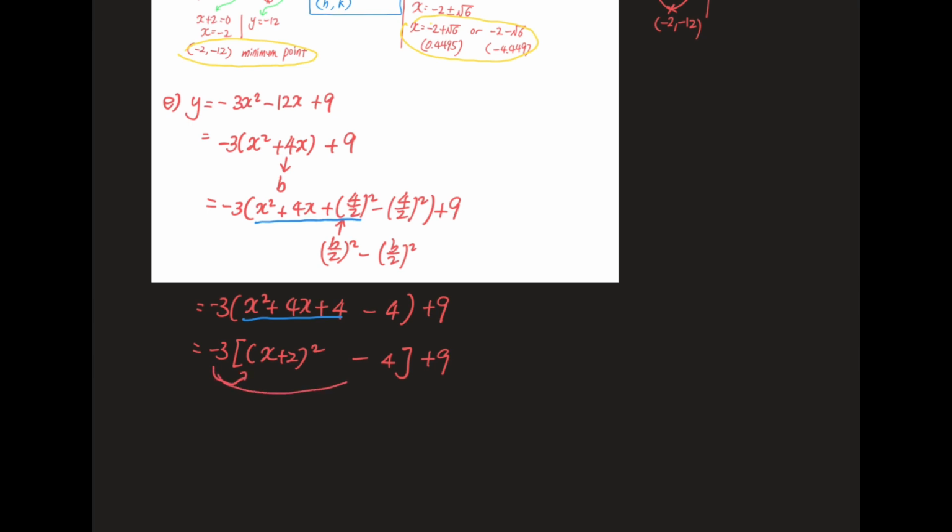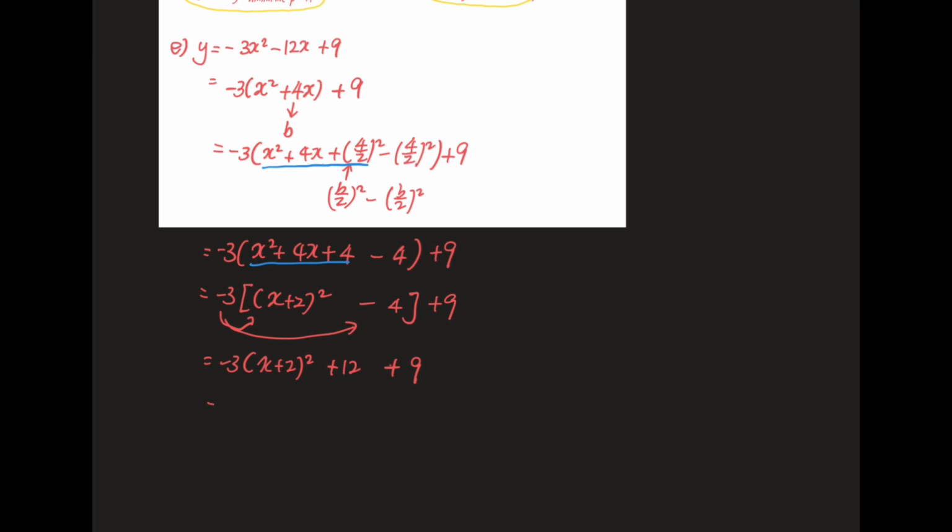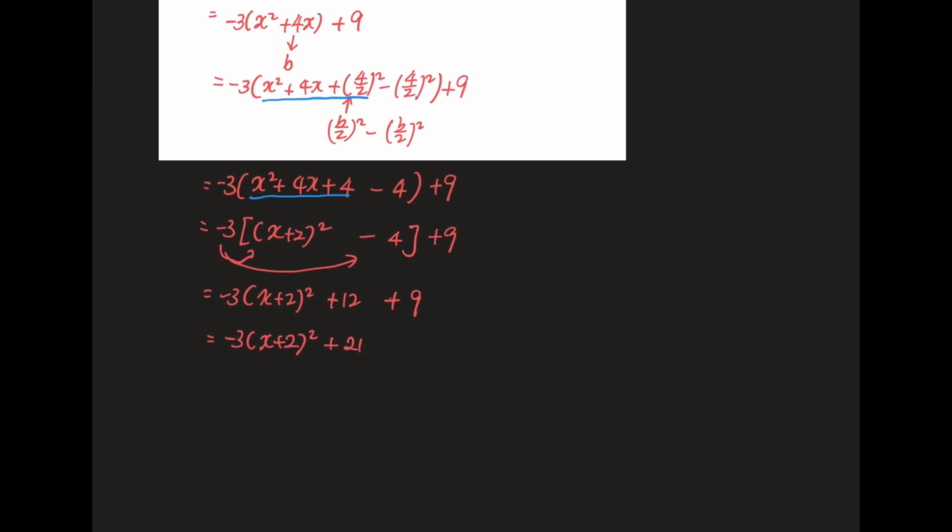Then we have to expand the minus 3 with this and with that. So we get minus 3 x plus 2 squared, and then we multiply minus 3 with minus 4, we get positive 12, plus 9, and then we add up 12 and 9, we get 21.